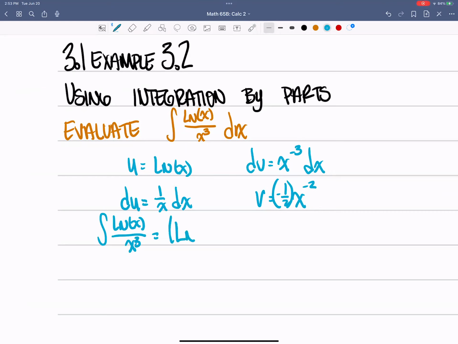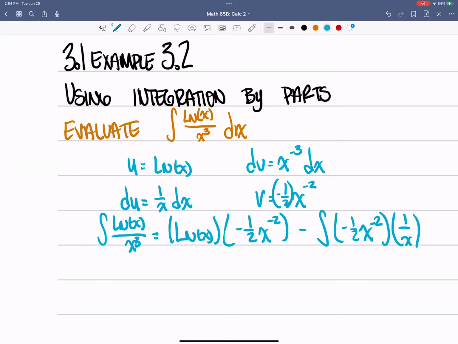So u is ln of x times v is negative 1 over 2 x to the negative 2, minus the integral of v du. So minus the integral of v, which is negative 1 over 2 x to the negative 2, and du is 1 over x dx.